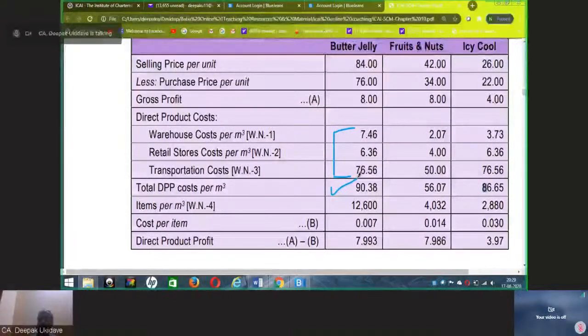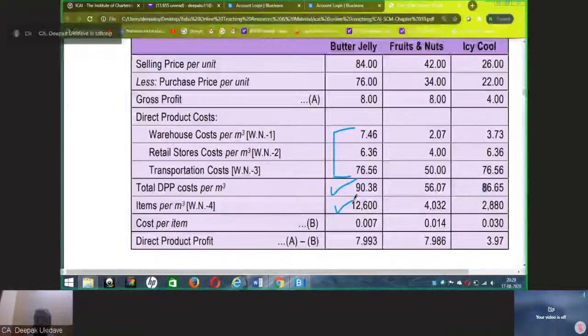Warehousing, retail plus transportation. Now, we can't subtract 90 rupees from 8 rupees because this is per metric cube. And therefore, it has to be converted into cost per item. So how many items are there? This is per metric cube. How many units do you store or sell per metric cube? That is 12,600.